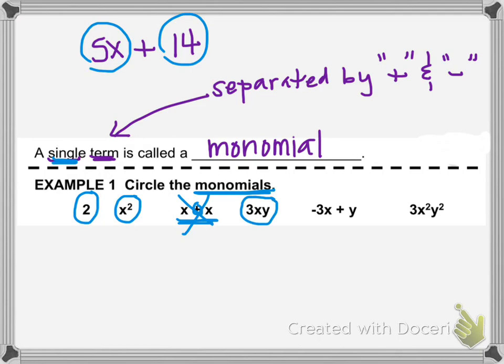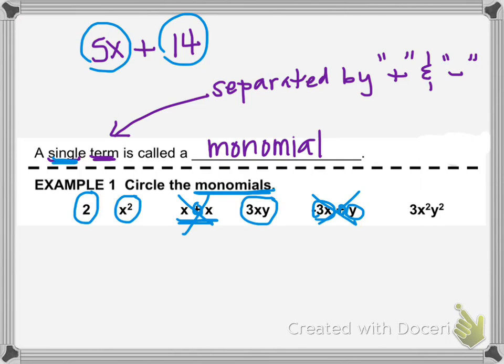3xy, this doesn't look like something we've seen this year, but this actually is a monomial. Notice there are no pluses or minuses separating the 3x or the y. So altogether, that is a product, and it's a monomial. In the next expression, negative 3x and y, they're separated by that plus, which means I have 2 monomials, but together it is not a monomial.